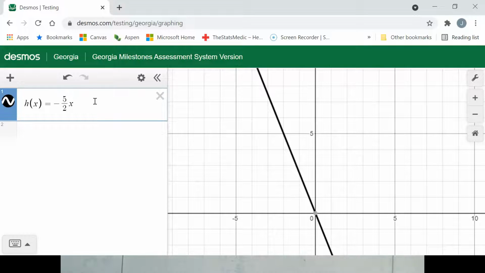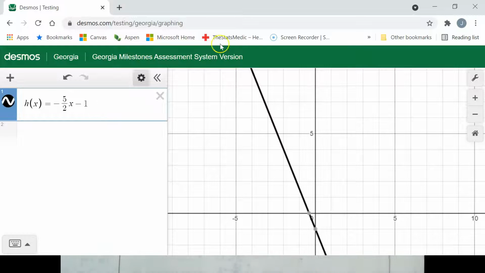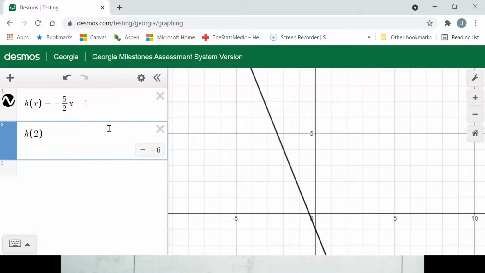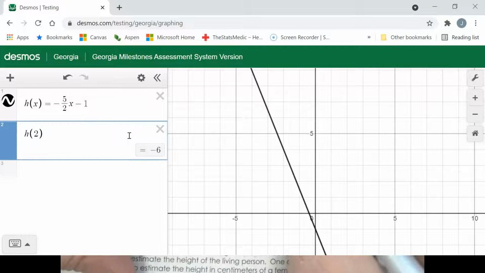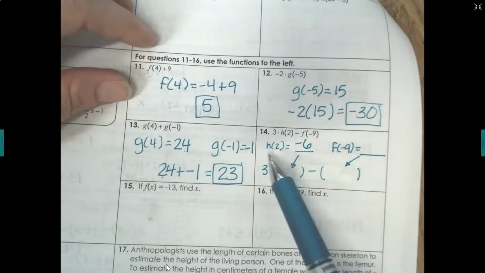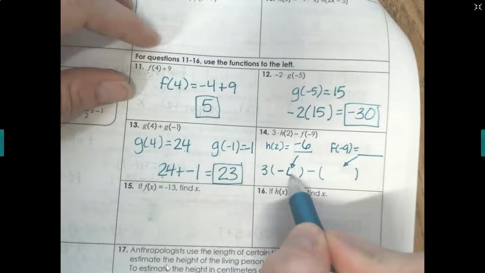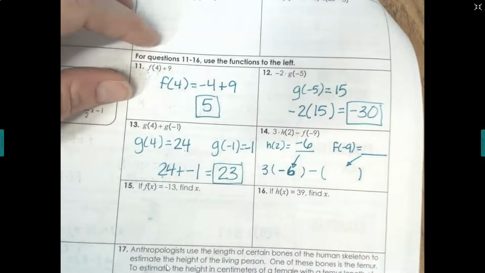Okay, so negative 5/2 x minus 1, and we wanted to know specifically about h of 2. So I'm going to ask it for h of 2, and it tells us that h of 2 is negative 6. So I have written here h of 2 is negative 6, so that means negative 6 is going to go right here into this spot.